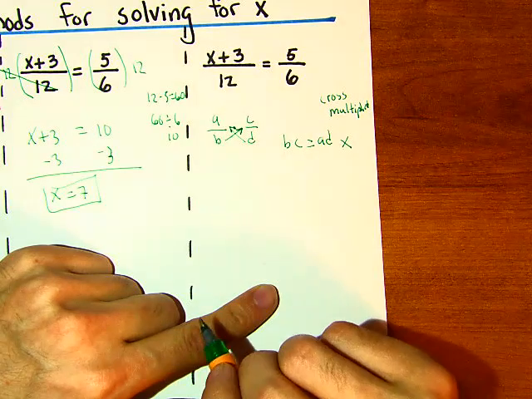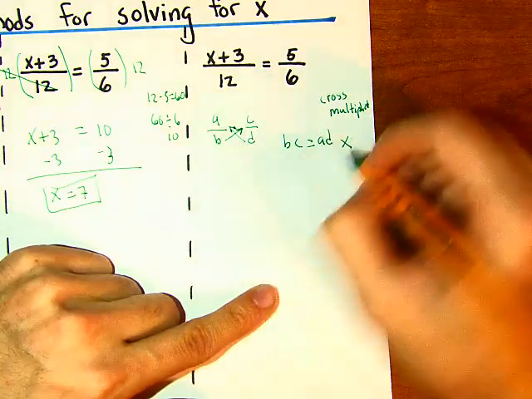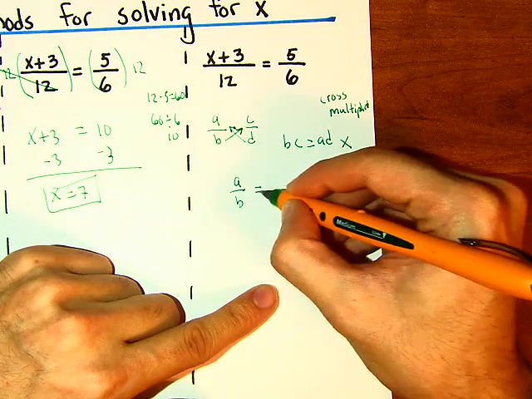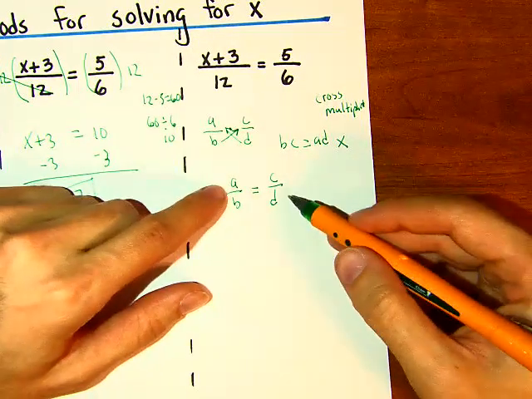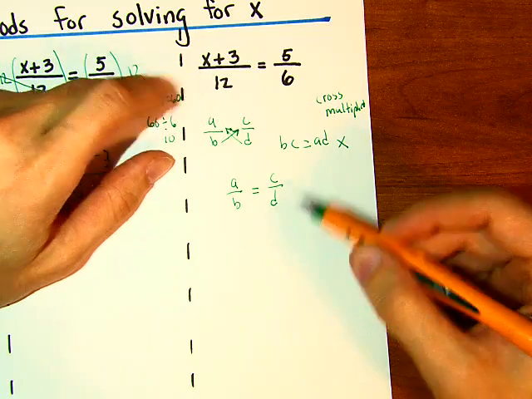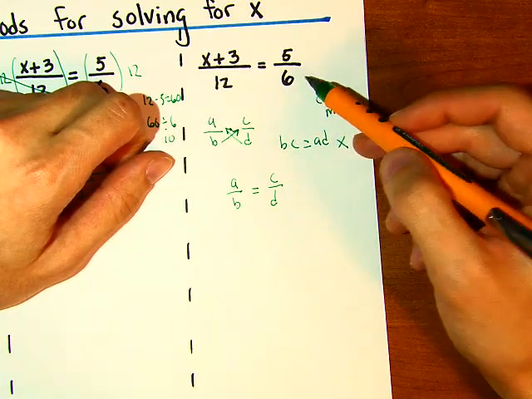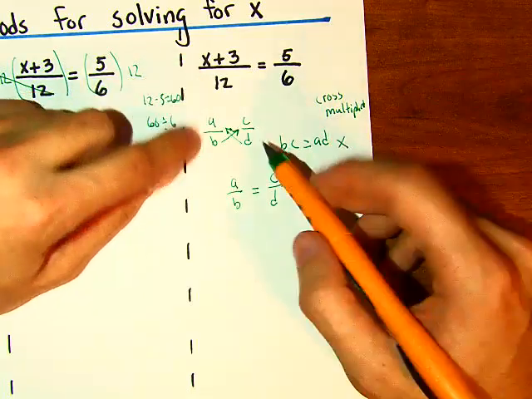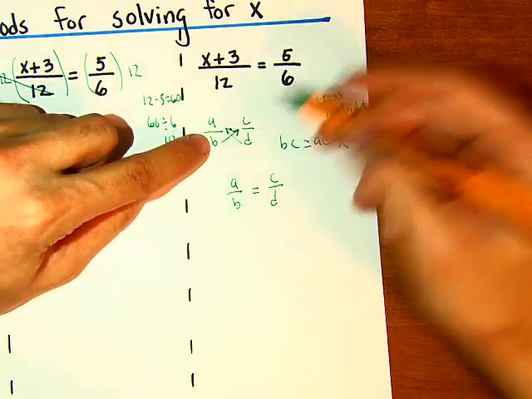That is absolutely false. The only time you cross multiply is when you have a over b is equal to c over d. Basically, when you have one fraction equal to another fraction. That's when you're allowed to cross multiply, okay? Not when you're multiplying two fractions.